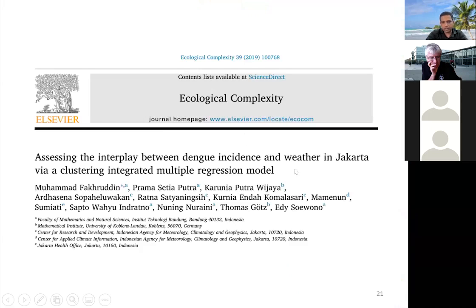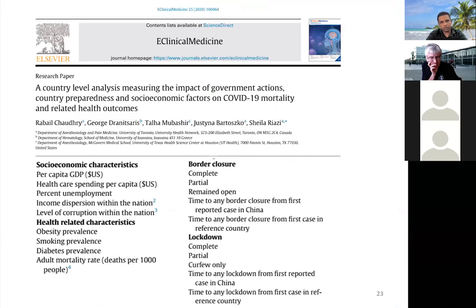So just see this clustering integrated methods. Dr. Putra and Professor Thomas were also involved with this publication. Later in the discussion, if someone wants, we can discuss more. And one publication I found was a country-level analysis on socio-economic background.